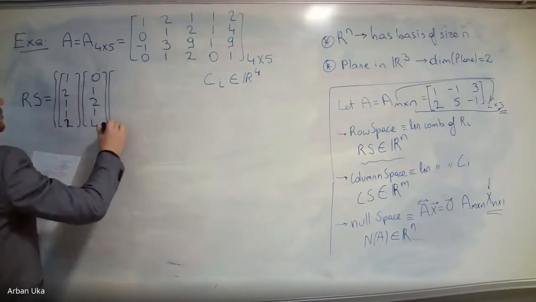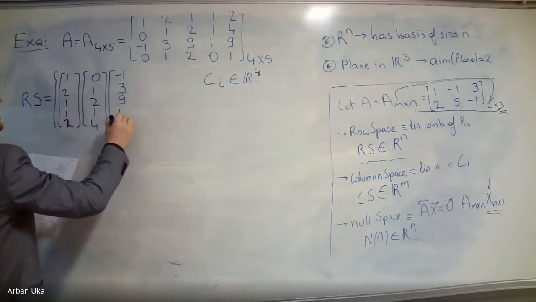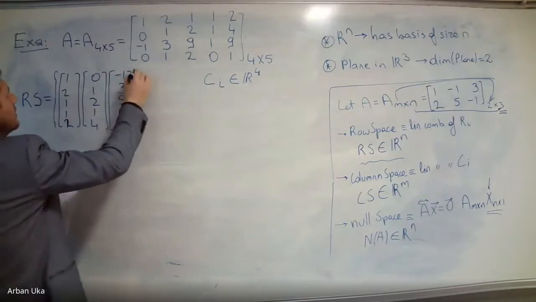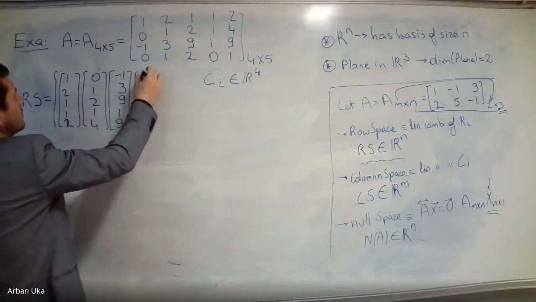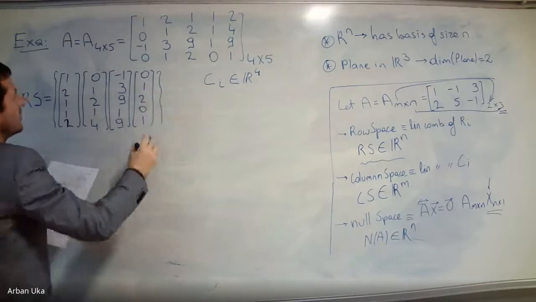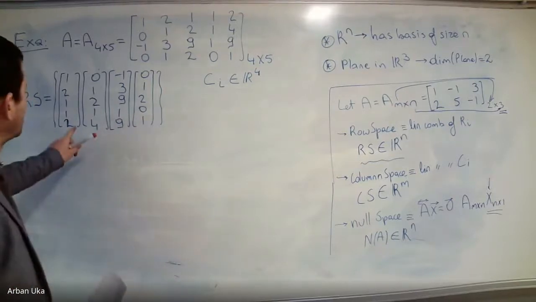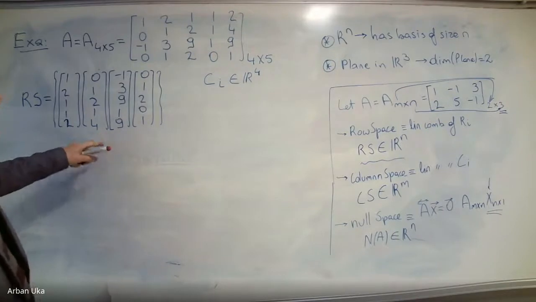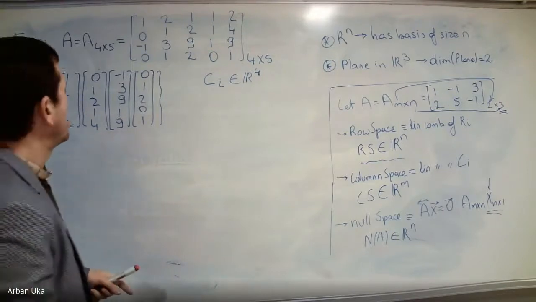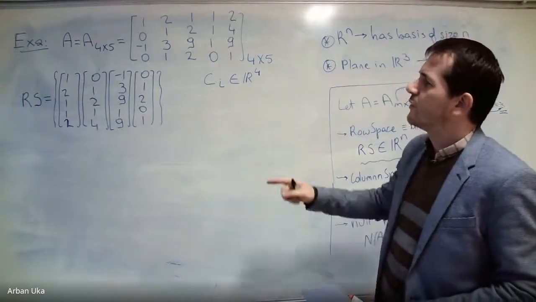The third row is minus 1, 3, 9, 1, 9. And the fourth is 0, 1, 2, 0, 1. So this is our row space. It's not a mistake, but there could also be some linear dependencies in between, and we can figure this out by calculating the reduced row echelon form of the matrix A.